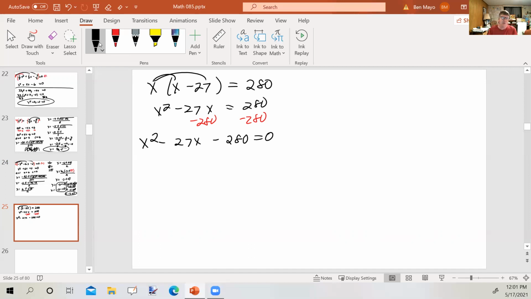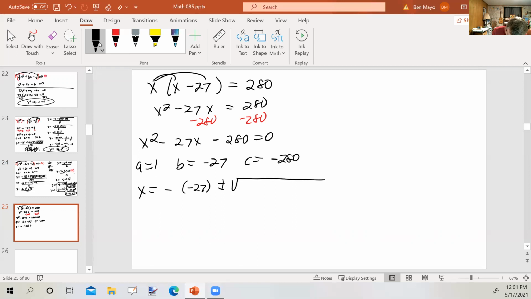It's in standard form. There's no fractions. There's no decimals. There's no common multiple we could factor out. So we're good to go. A is 1, b is -27, and c is -280. So x equals negative b plus or minus the square root of b squared minus 4ac all over 2a.